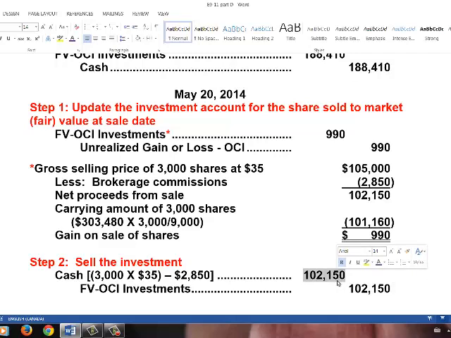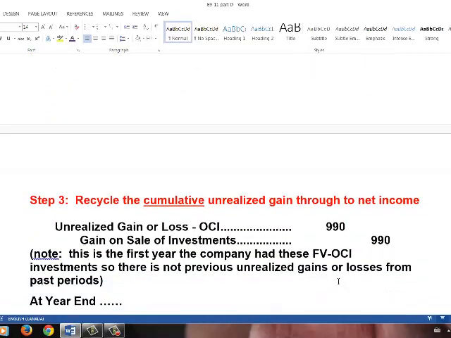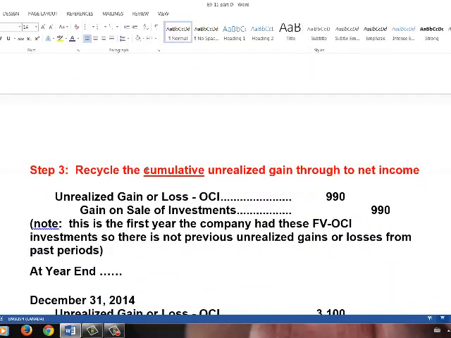So now, the third step we need to do when we're dealing with fair value through OCI investments is that we now have to recycle the cumulative unrealized gain. In this case, it's a gain. It could be a loss, but it's a cumulative unrealized gain. Because the question said we are recycling, or it's with recycling, that means that cumulative unrealized gain or loss, but in this case it's a gain, on those Nirmala shares has to be recycled through net income.